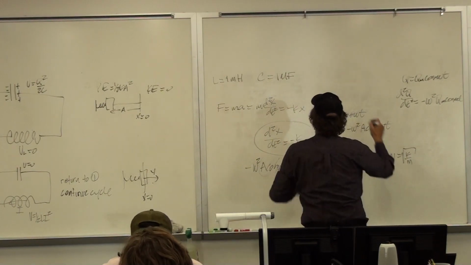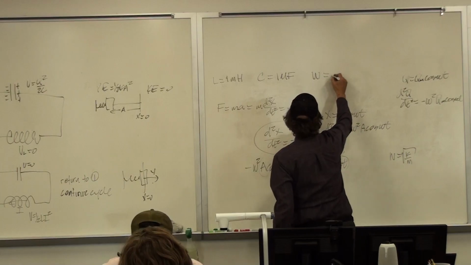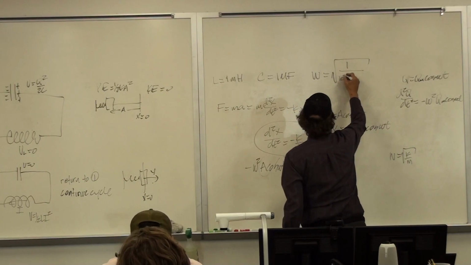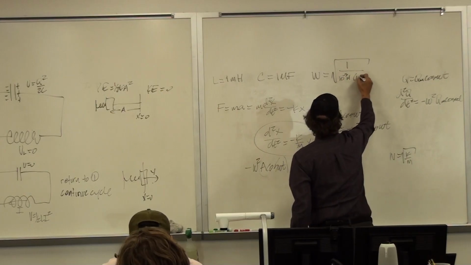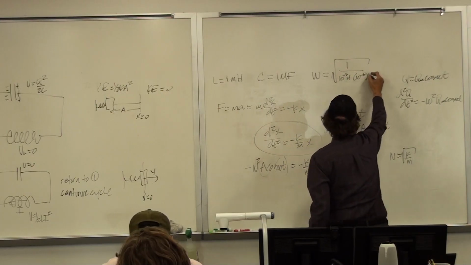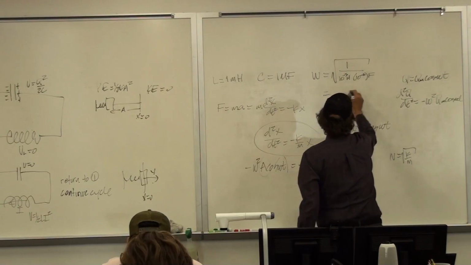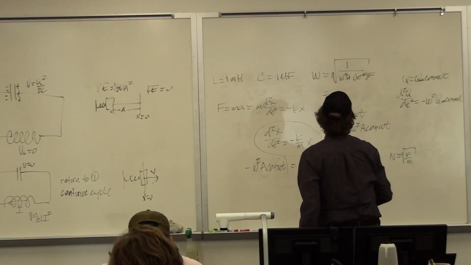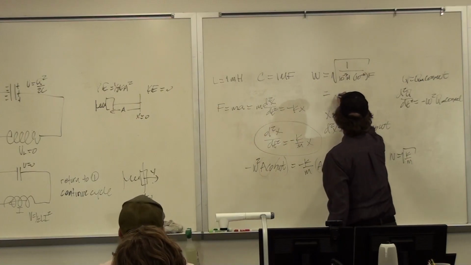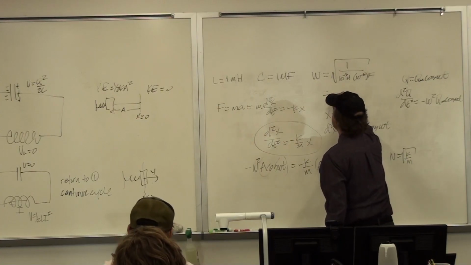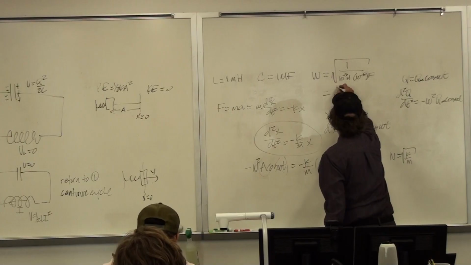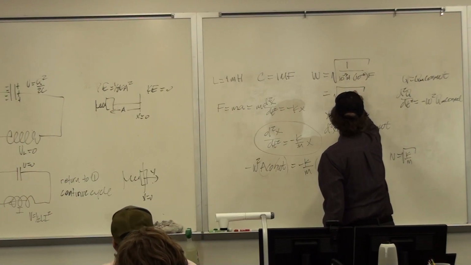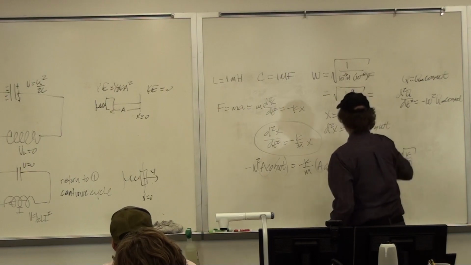Then we would say that our omega value would be the square root of 1 over 10 to the minus 3 henry times 10 to the minus 6 farads. Or that would be the square root of 1 over 10 to the minus 9, so that would be 10 to the 9. That would be a billion.